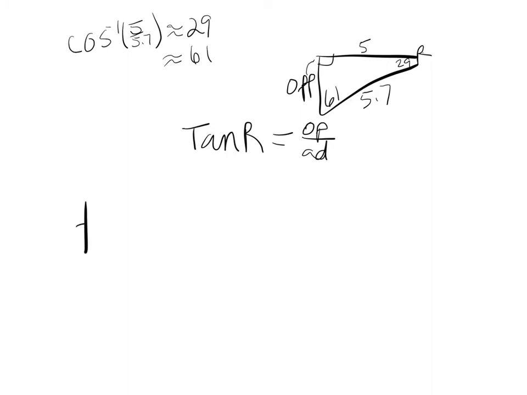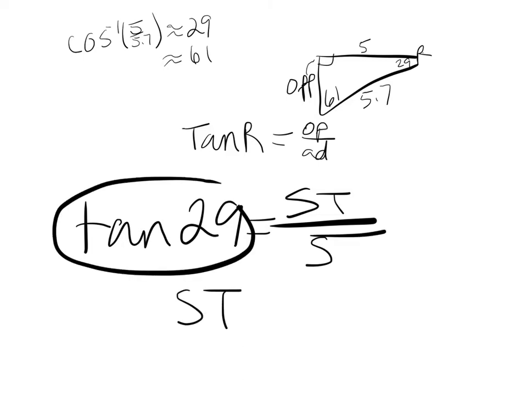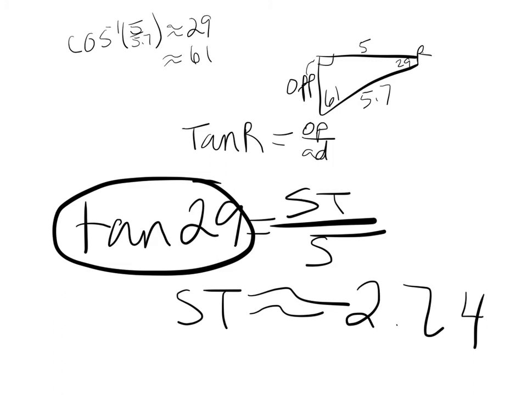So tan of 29 equals opposite, which is ST, over adjacent, which is 5. So you would take tangent of 29, multiply it by 5, and get ST is about 2.74. If you're comfortable with tangent and cosine and want to do it this way, that's fine, but I would just use the Pythagorean theorem, because it's a lot easier, and you're not going to confuse yourself.